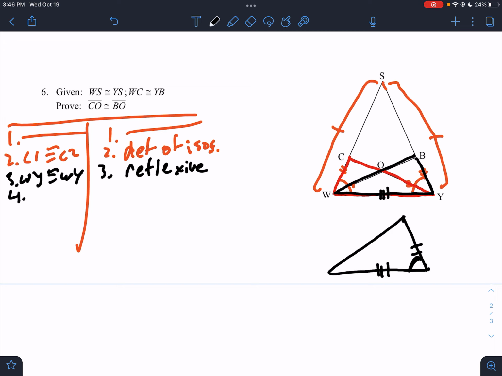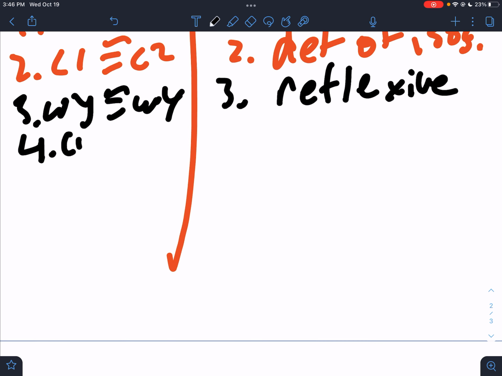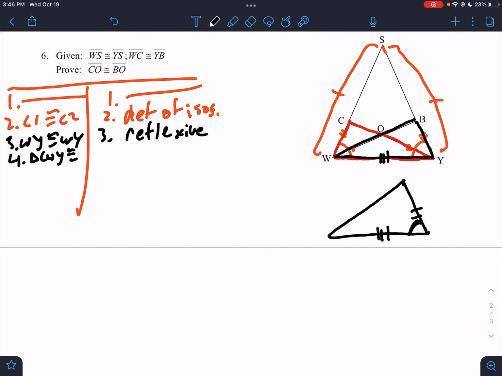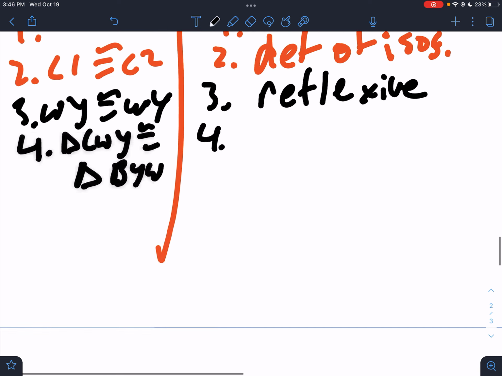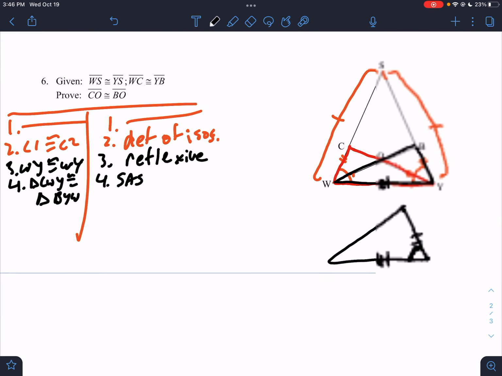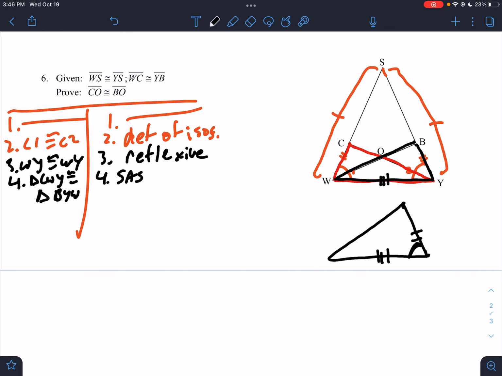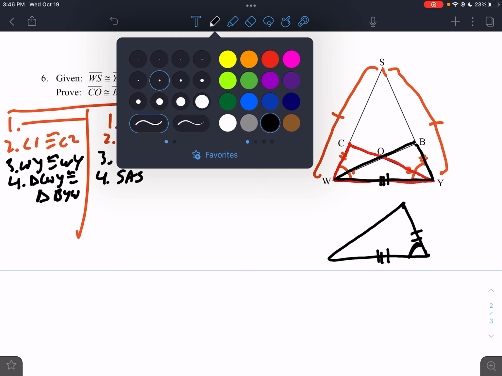Now I can say triangle CWY is congruent to BYW. And what do we have? We have two sides and the included angle. So we just got over half the points. That's tough. This is definitely harder than what you have to do on the quiz, and that's just flat out a tough thing to do.